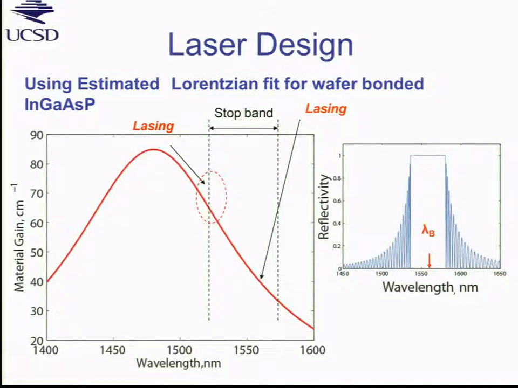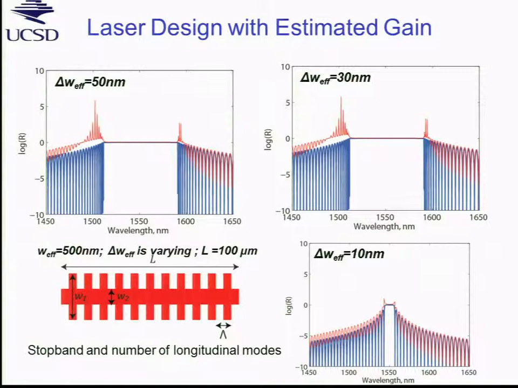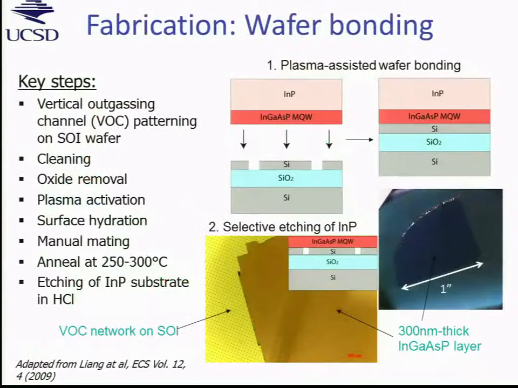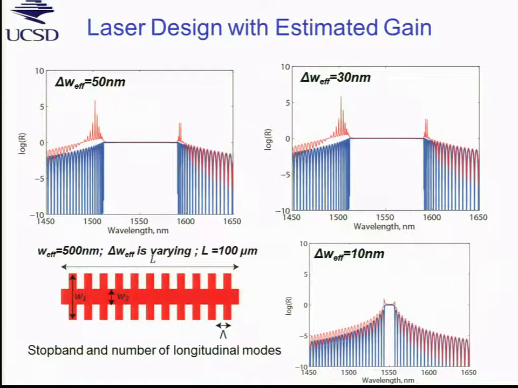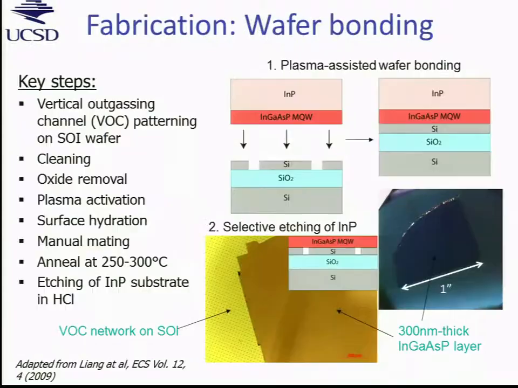So what we do in the design, we design the stop band to be close to the maximum of the gain of the media. So that's what we do. This is basically showing that under certain pumping condition, you can hit reflectivity larger than 1 in the DFB, which basically is showing that you have gain. The dependence is as a function of the modulation of the side walls. So 50-30 seems like optimal.